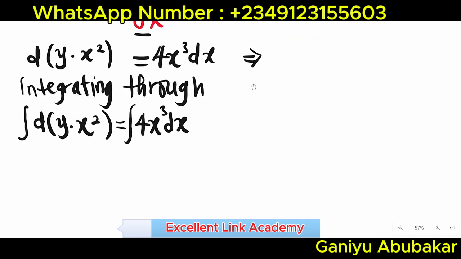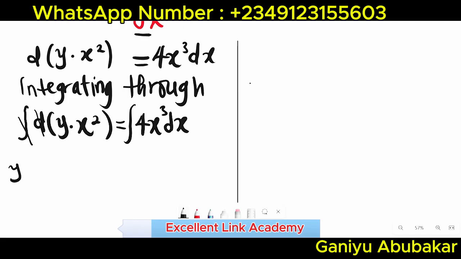My next task here, observe please: we know that if I integrate d of something, the integral cancels the differential.